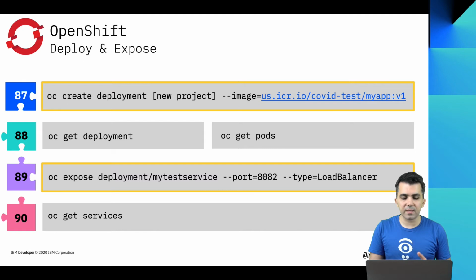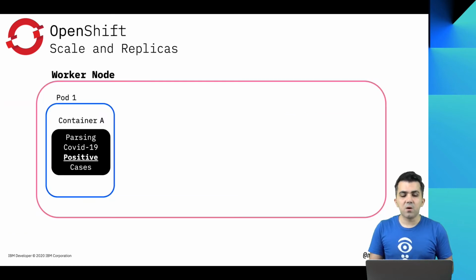Now you can go ahead and create deployments and expose them exactly like we did in the beginning of the lab within our default project, but from your own project. What we're going to do now is take a look at scaling and replicas.